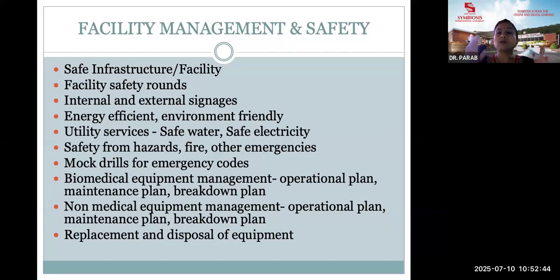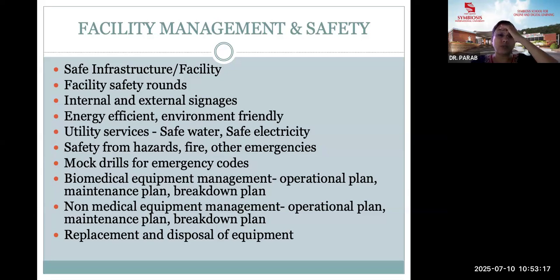Besides that, it also talks about the safety of the infrastructure itself. So the safety committee is expected to take safety rounds, make sure that the infrastructure is safe for patients, relatives, and staff. It's got to be environment friendly. You can make it energy efficient by reusing, recycling material and so on. It also talks about safe water, safe electricity, safe utilities, basically.